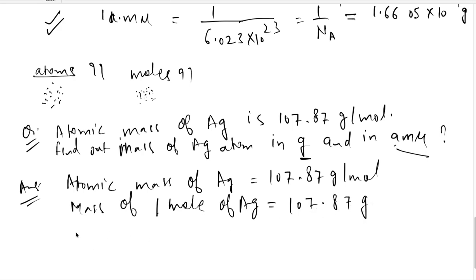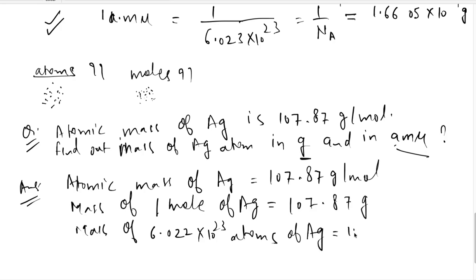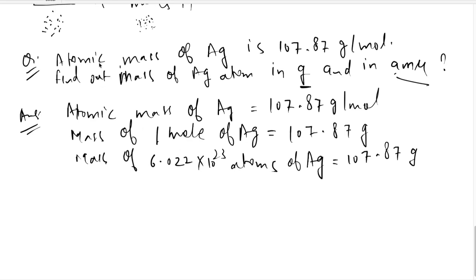So 6.022 into 10 to the power 23 atoms of silver is 107.87 gram. We are supposed to find the mass of one single atom of silver.